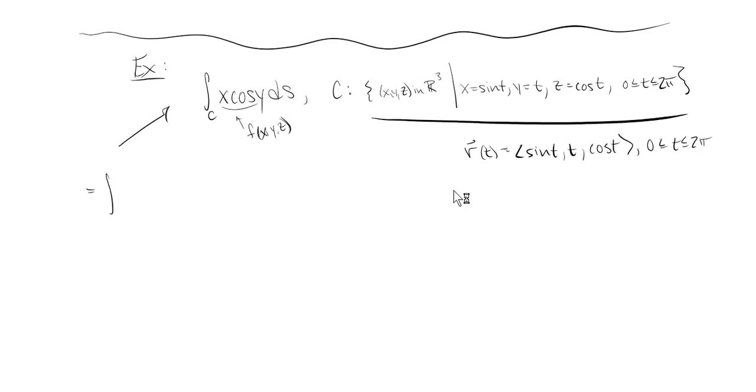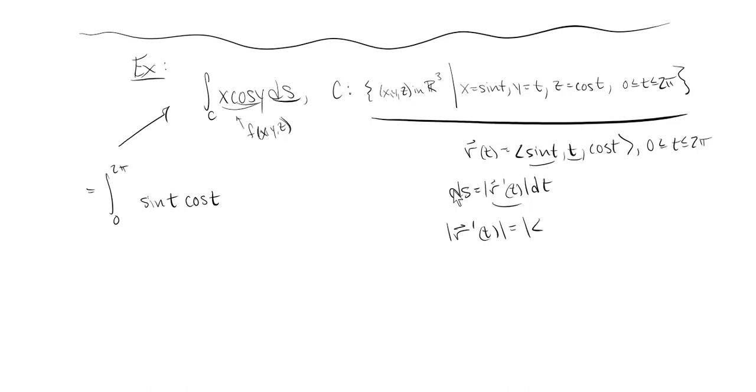So this integral is going to equal, well, we're going from 0 to 2 pi. X is sine of t. Y is just cosine of t. And ds, remember, is magnitude r prime of t dt. So we need the magnitude of the derivative of that vector, r.